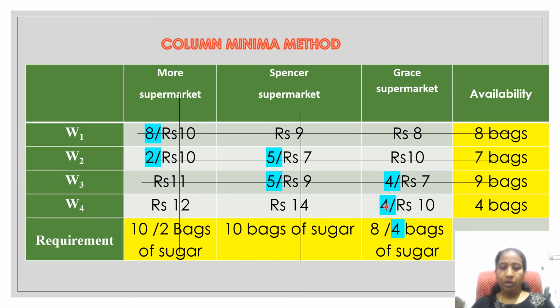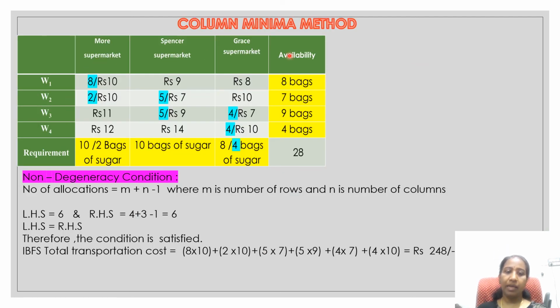I should write 4 bags here because I can buy only 4 bags, as the remaining requirement is 4. This 4 and this 4 will get tallied. After making the allocations, I have to check whether I've made them correctly. 8 gets tallied, 2 plus 5, 7, 5 plus 4, 9, here 4. On this side it is 8 plus 2, 10, 5 plus 5, 10, 4 plus 4, 8.